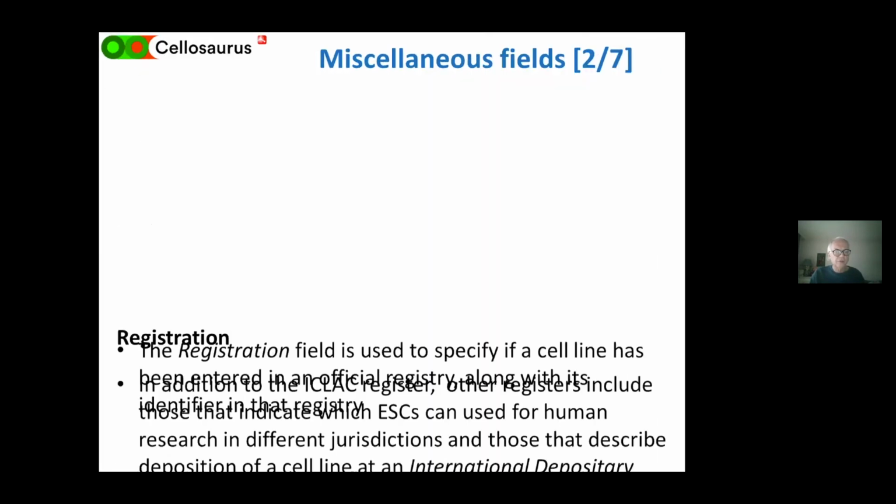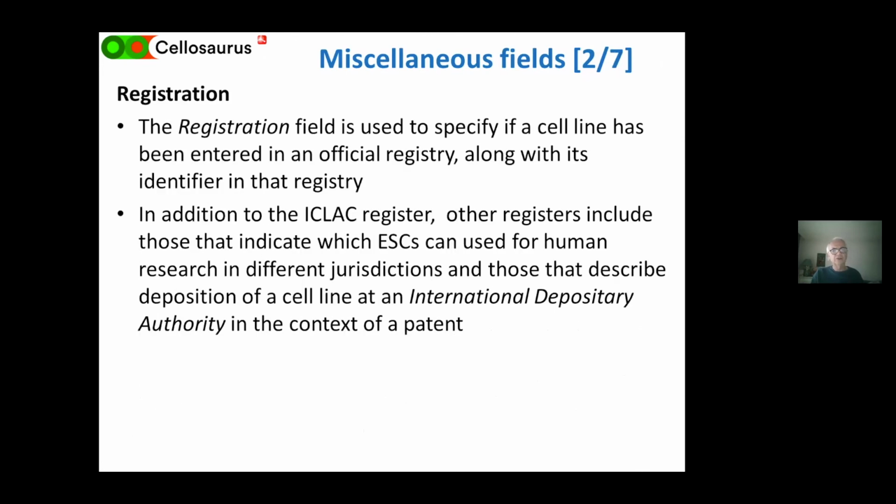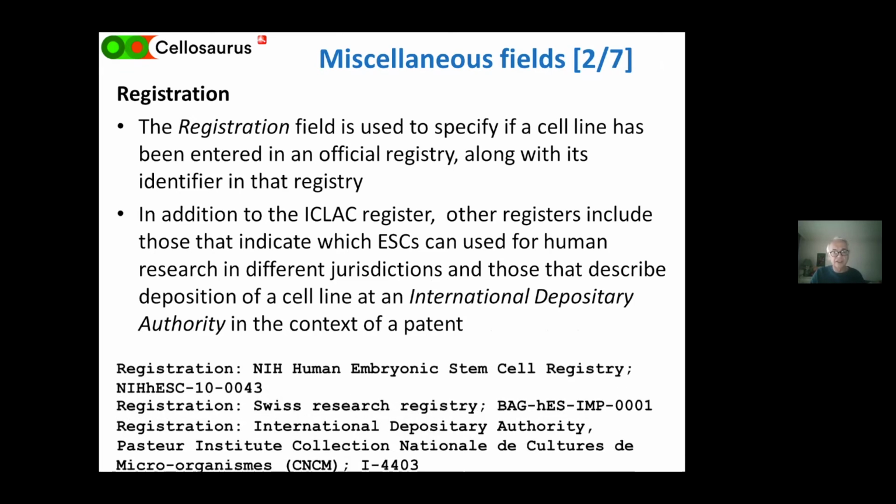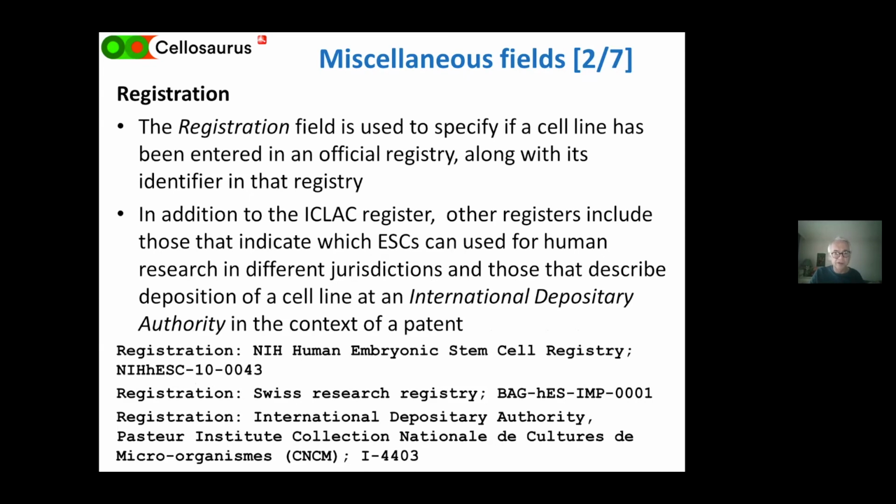So registration is useful to indicate that a cell line has been entered in an official registry. I told you about the ICLAC registry, but there are other registries that exist for embryonic stem cells or for patents.